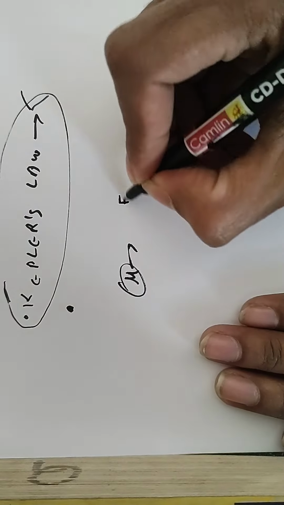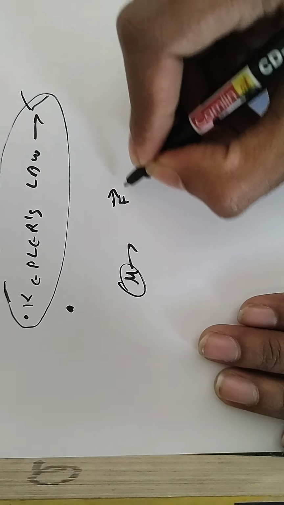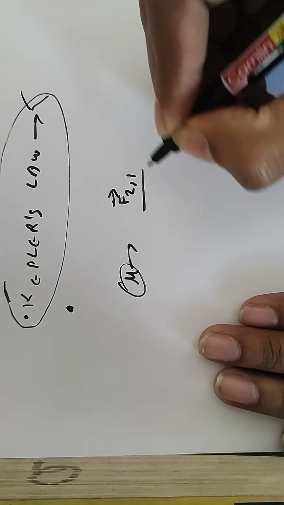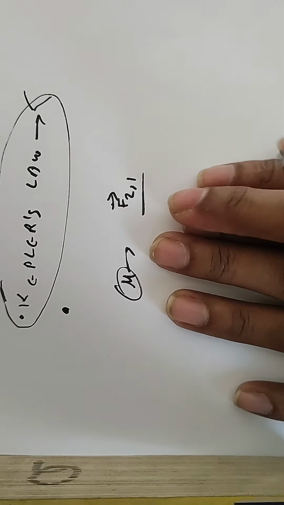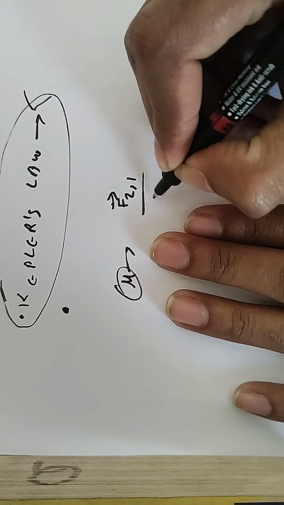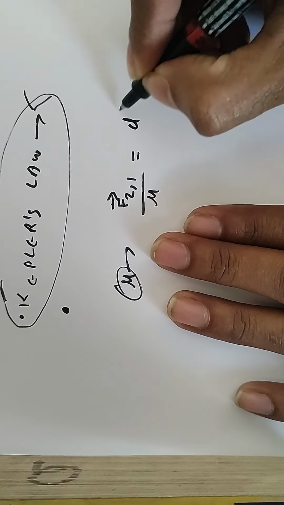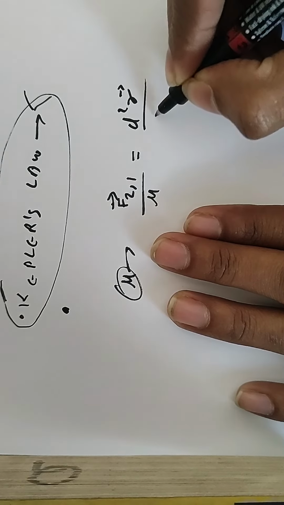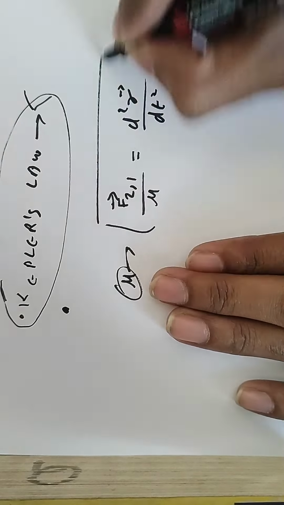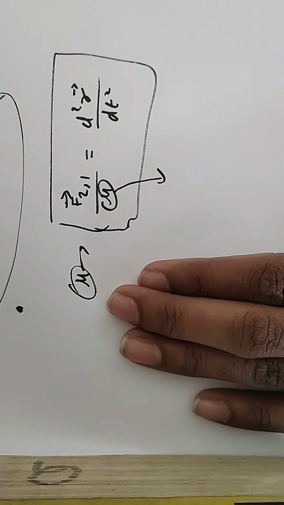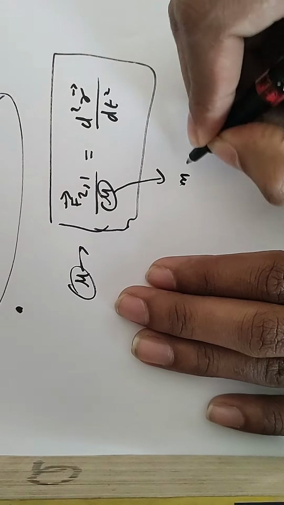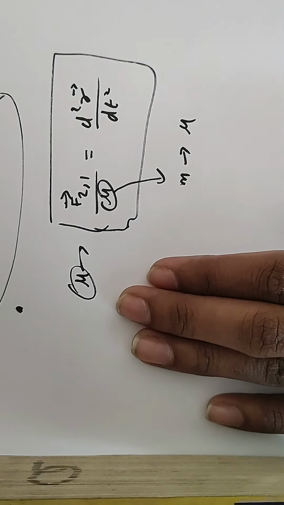We saw the force equation was F vector 2,1, read as the force on 2 due to 1, on mu, and this is a second order differential equation. This is a standard force equation just with a change in the mass. Rather than mass m, we now have mass mu.